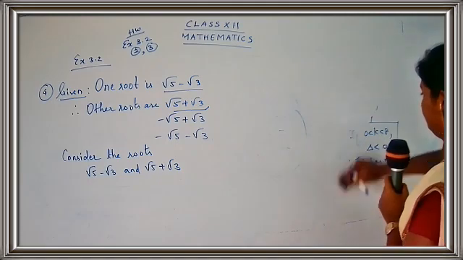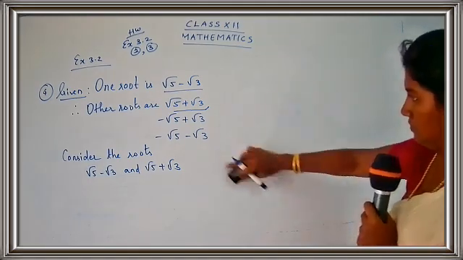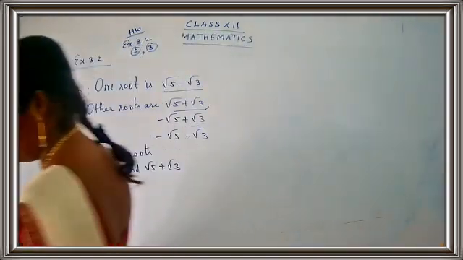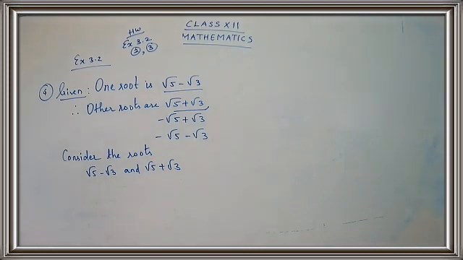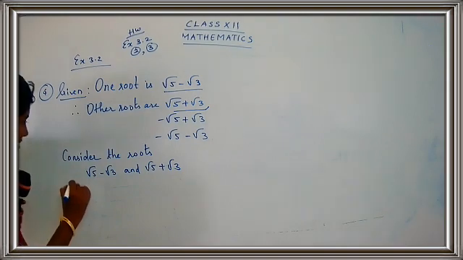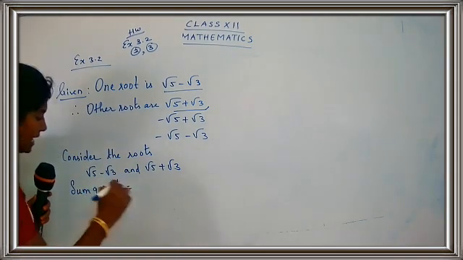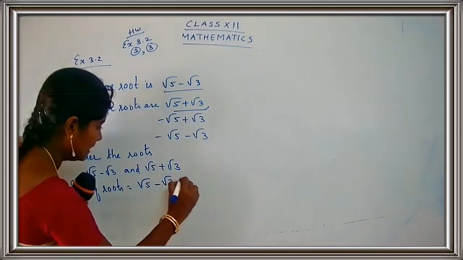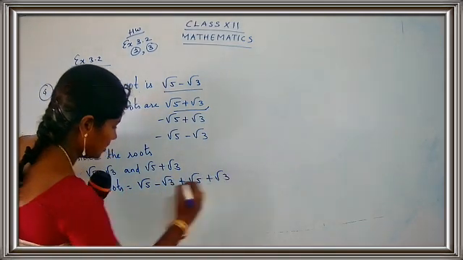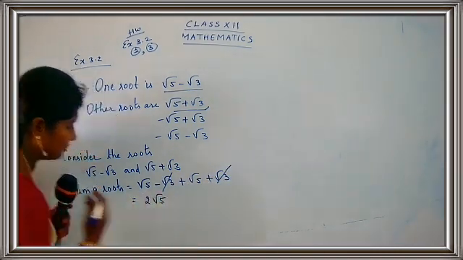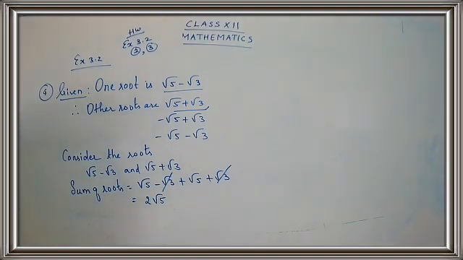So sum of roots is root 5 minus root 3 plus root 5 plus root 3. Minus root 3 plus root 3 goes off. The answer is 2 root 5.